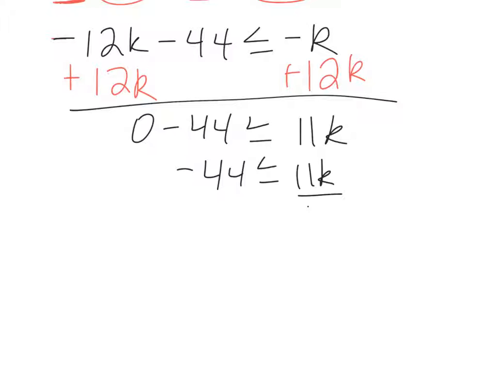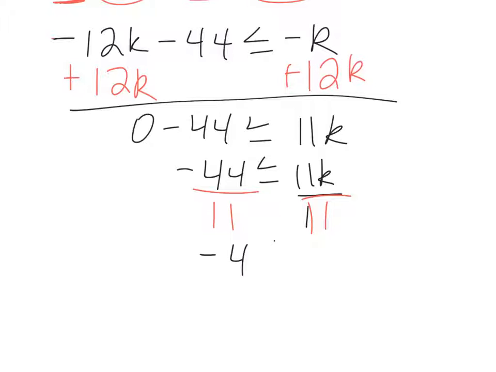So I get rid of the coefficient by division. Negative 44 divided by 11 is negative 4.